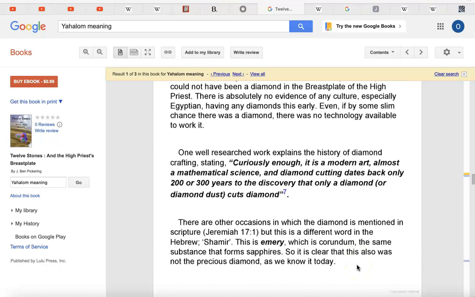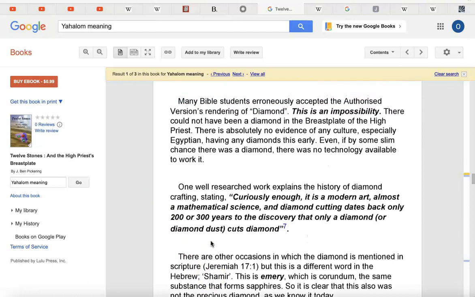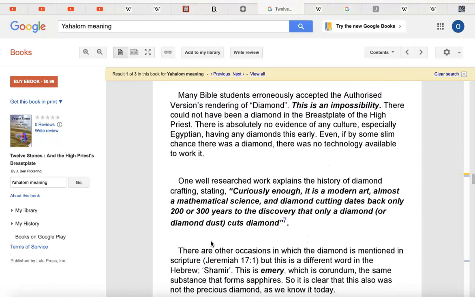So I guess what this author is saying, and I've seen this in more than one source, so I settled on this one because it was the most descriptive one I could find, is that when we're dealing with the high priest's breastplate, and a diamond is mentioned for the breastplate, this author and other authors also say it cannot have been an actual diamond.